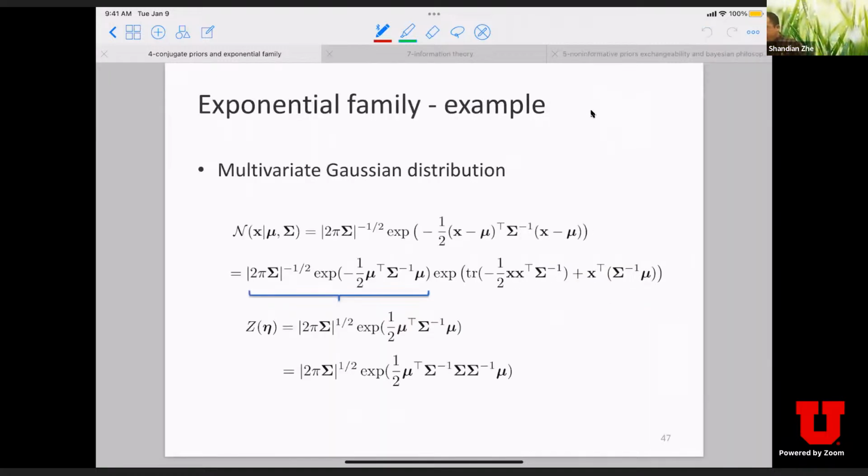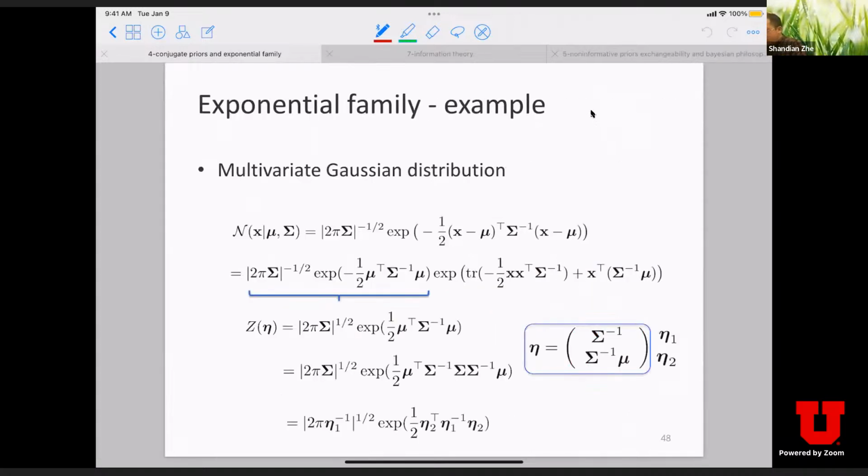And then we got our Z of eta. If you represent Z, the normalizer, in terms of mu and sigma, it is in this form. But according to our definition, we know that these are our natural parameters. We got two natural parameters: one is sigma inverse, the other is sigma inverse mu. So if we want to represent the normalizer Z in terms of eta, we need a little more transformation. You need to represent sigma and mu in terms of the eta inside.